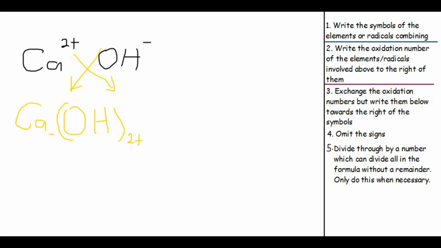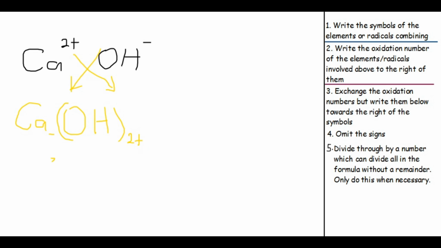Now this could multiply everything in the bracket, but since in chemical compounds their formulas are usually written in a simple form, that is what we are going to do here. We're going to leave the bracket as it is, and we are not going to go into the fifth step.